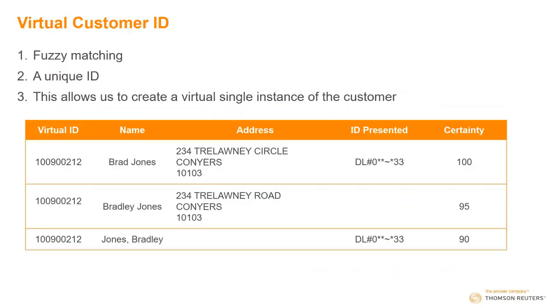Then you also have situations where, for the AML platform to work very well, it needs some consistent representation of the customer. And in those instances, what you need is to create something that we call a virtual customer ID. A virtual customer ID means that it's a unique way of identifying Brad Jones across 3 different systems as being the same person.